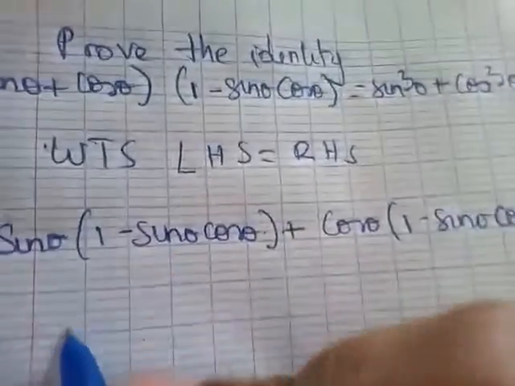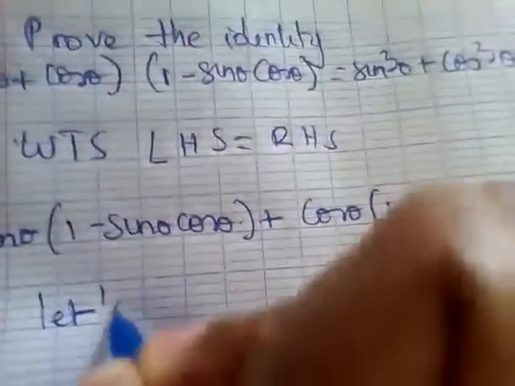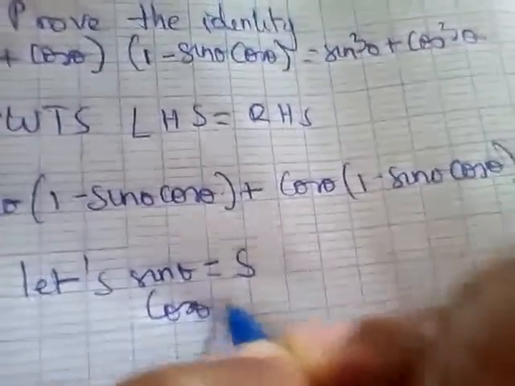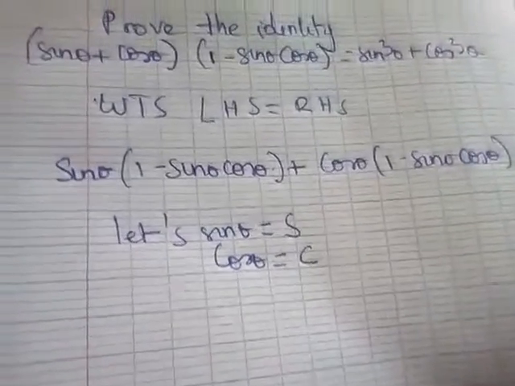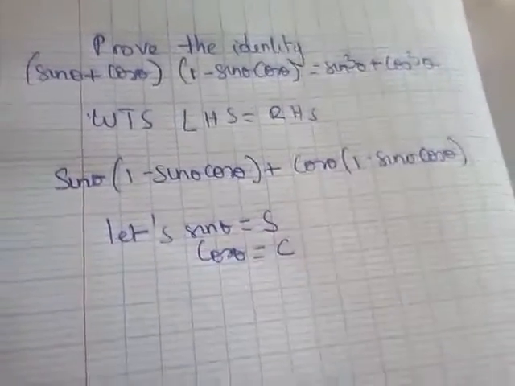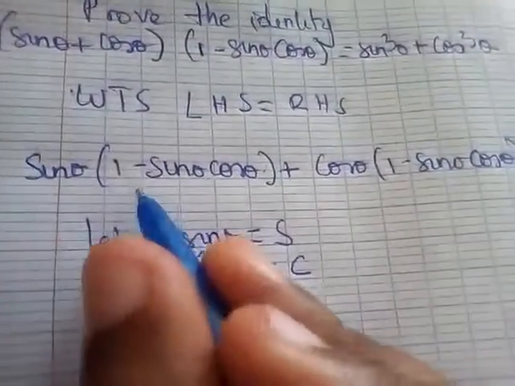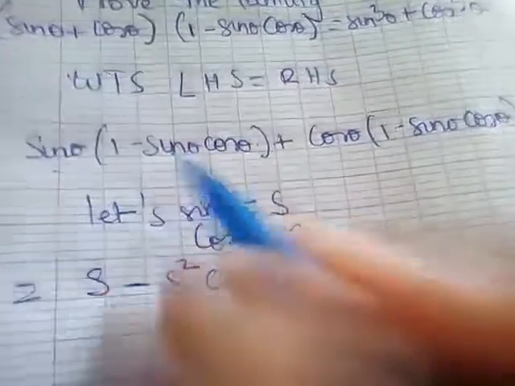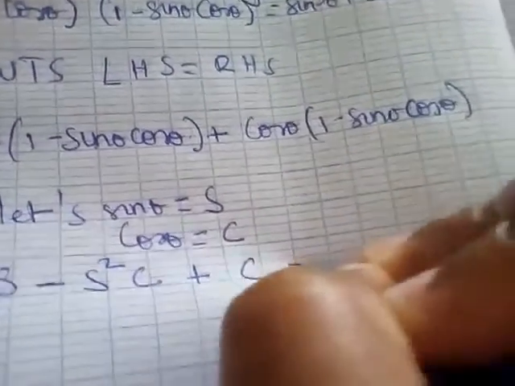When writing to your examiner, let sine theta be equal to S and cos theta be equal to C. It's easier for you. So it's just a substitution. Right now, sine theta times 1 is S, minus S squared C, because sine theta times sine theta is sine squared theta, plus cos theta minus S C squared.